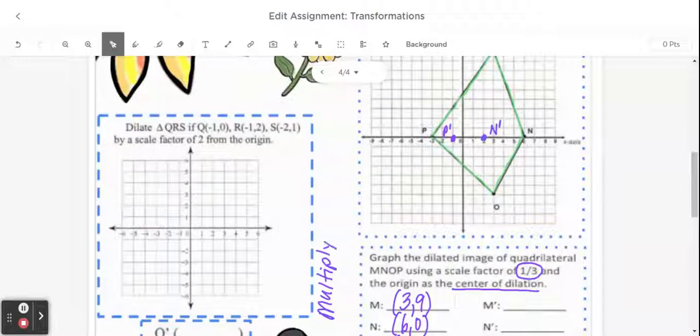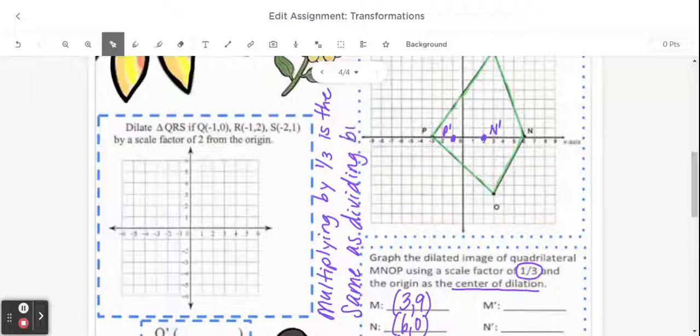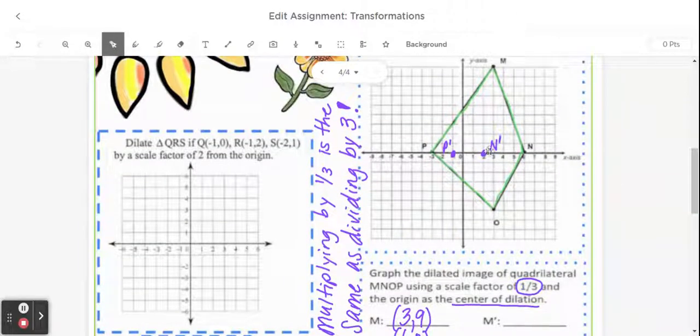Multiplying by 1/3 is the same as dividing by 3. It's much easier for our brains to think of dividing by 3. So let's divide that by 3. We used to go 3 right and 9 up. Let's cut that by 3. Now we're only going to go 1 right and 3 up.